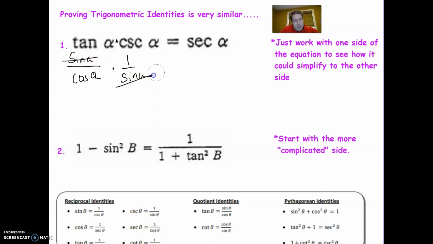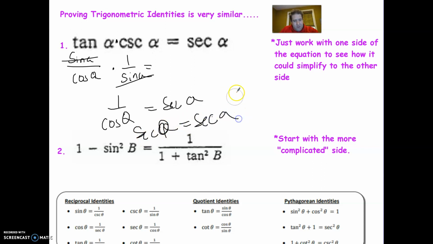Then you'll notice that these two can be simplified so that you really have 1 over cosine of alpha, which is secant of alpha. So this has been verified. I've turned the left side into secant of alpha, which is what I wanted it to be.